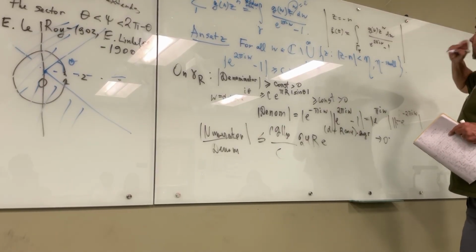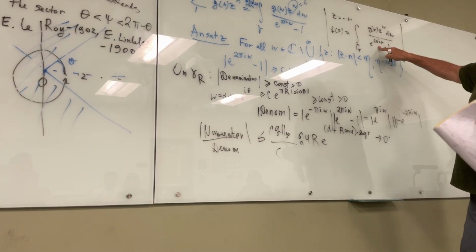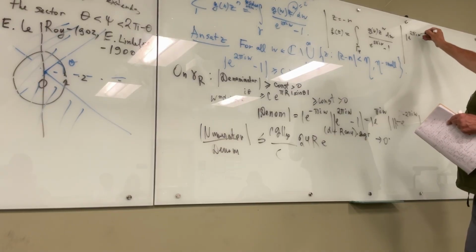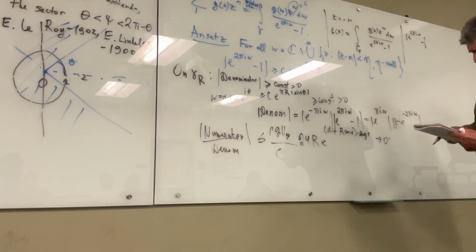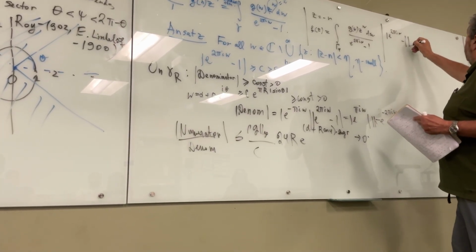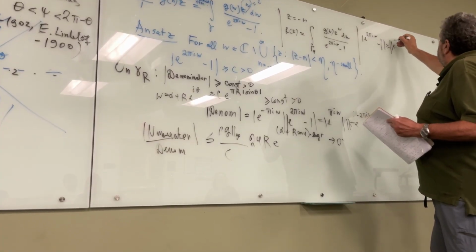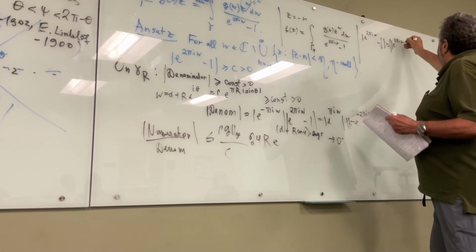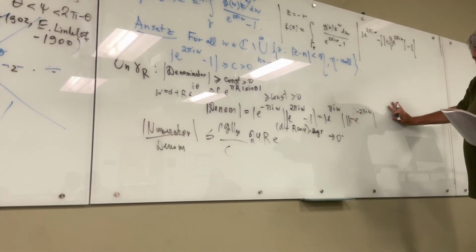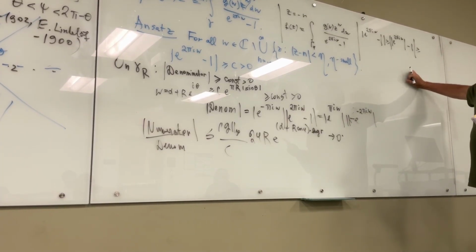Let me just write two estimates about what happens with the denominator, e to the 2 pi i w minus 1. Well, the first is obvious: it's the absolute value of e to the 2 pi i w minus 1, by the triangle inequality. But it depends on which side. The estimate depends on which side you are.